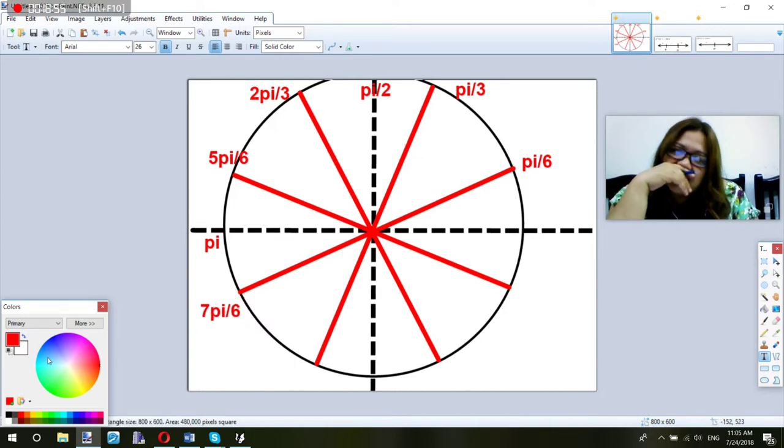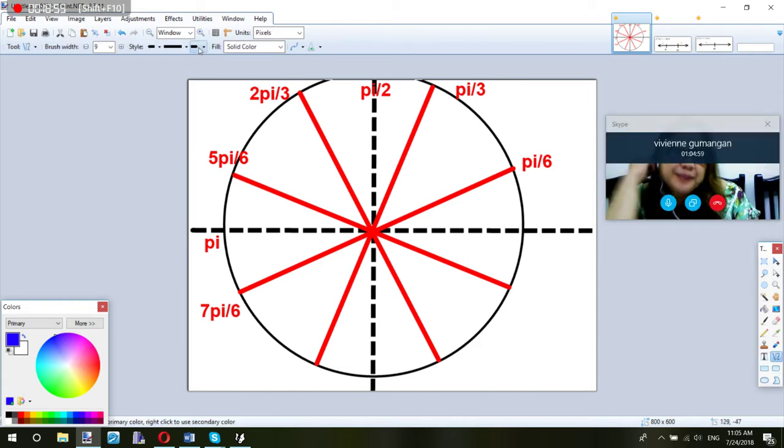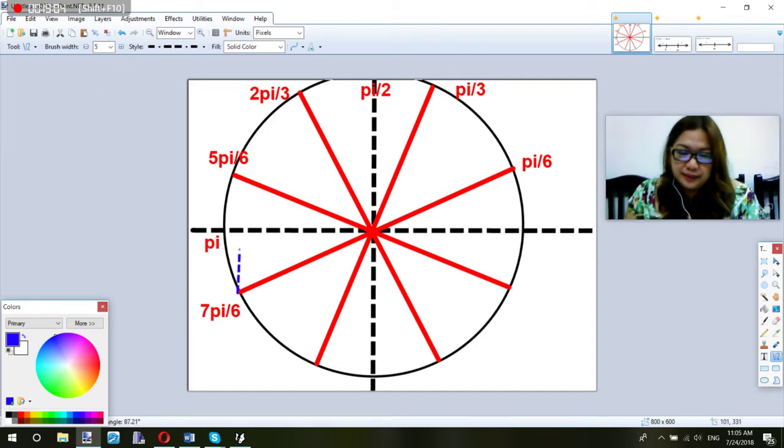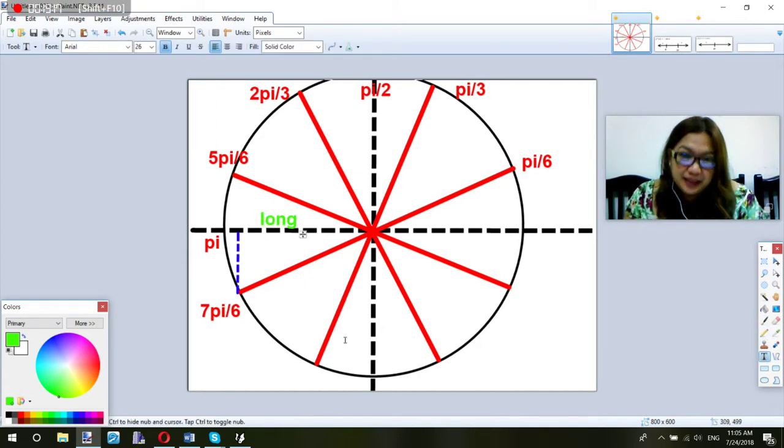Okay, so at 7 pi over 6, if I drop my lines, I've got something that looks like this. So my long side right now is my x value, and my short side is going to be my y value.